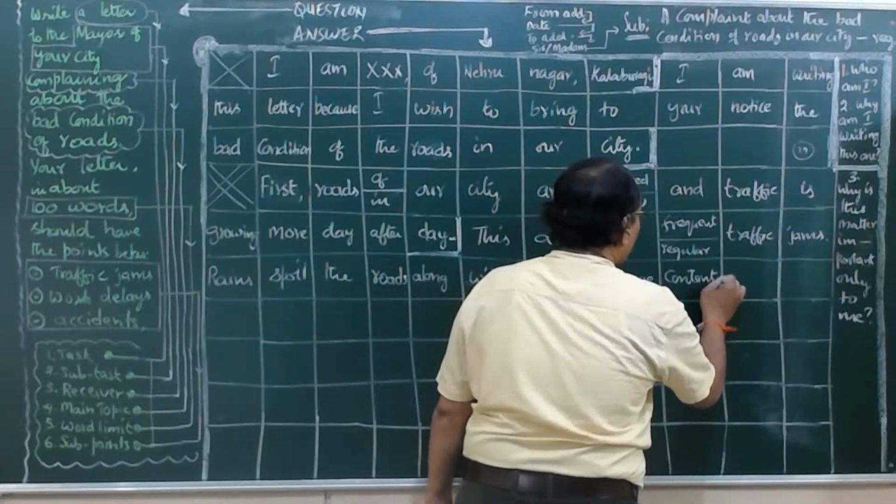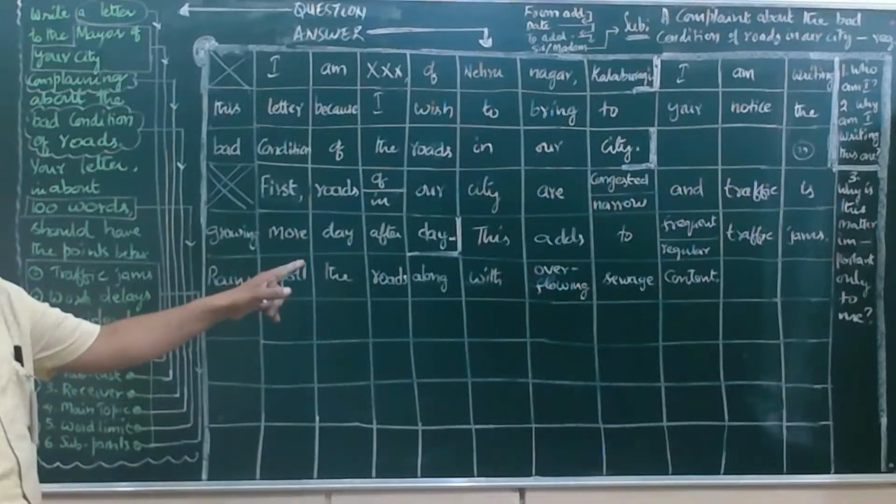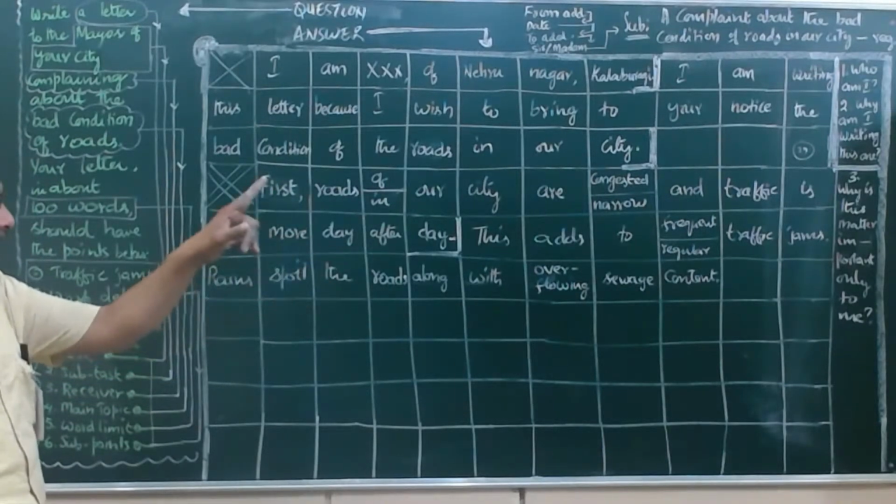Along with overflowing sewage content, okay. Rains spoil the roads along with the overflowing sewage content.